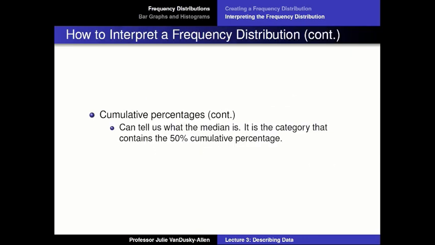Next, within the cumulative percentage column, you can also identify the median value of your data. Recall that the median is the middlemost value of a variable when that variable is ordered from the smallest to largest value, with 50% of observations above the median and 50% of observations below the median. To find the median in a frequency distribution table, all you have to do is find the cumulative percentage category that encompasses the middlemost observation, or the observation at 50%.